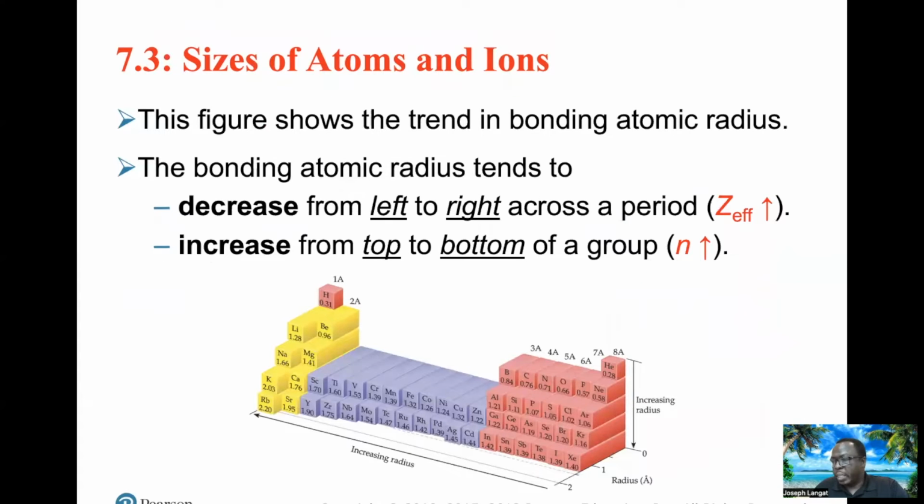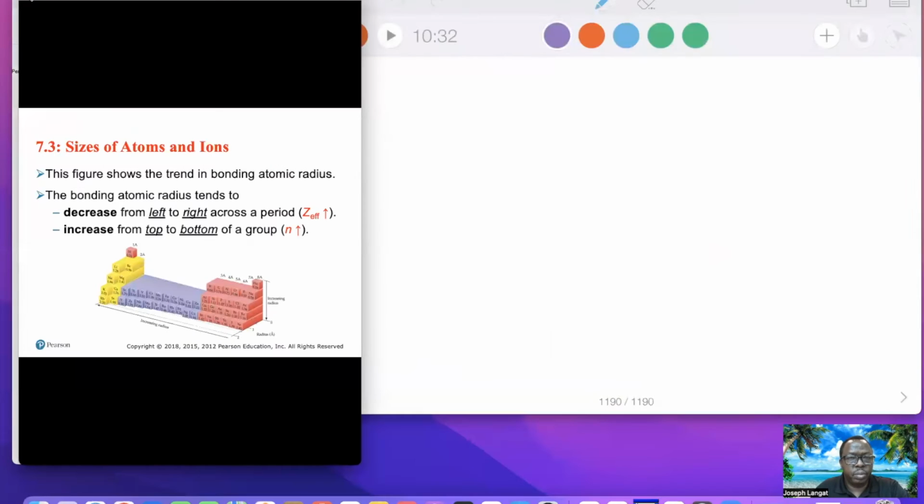Now, there is a pattern on the trend on atomic sizes and ions. Remember, cations are positively charged. And as you go along, this is what I'll recommend how you can keep track of or commit to your memory the change in atomic sizes. I'll say this is my periodic table.